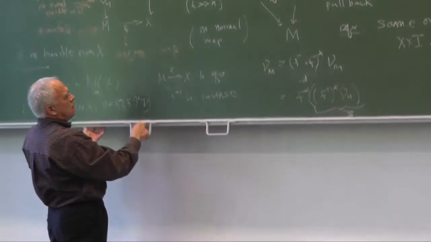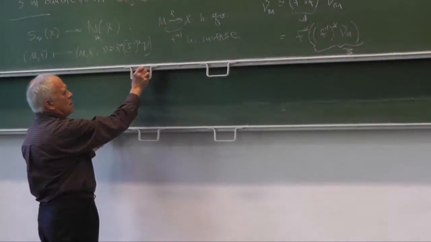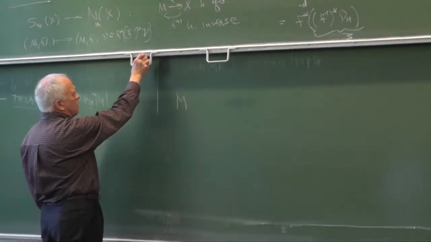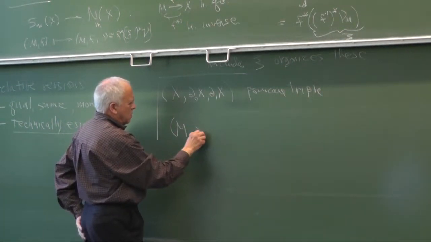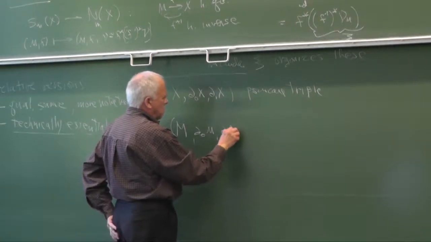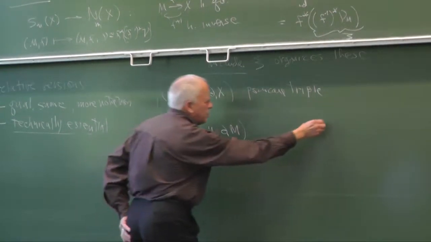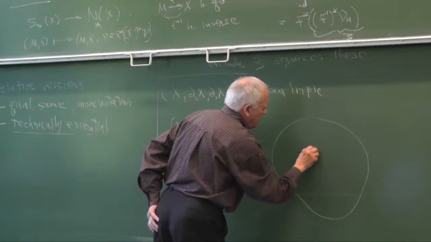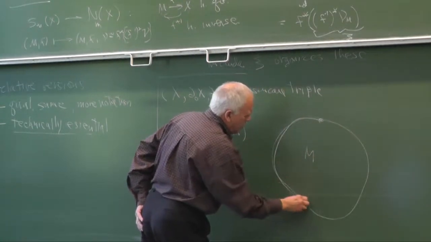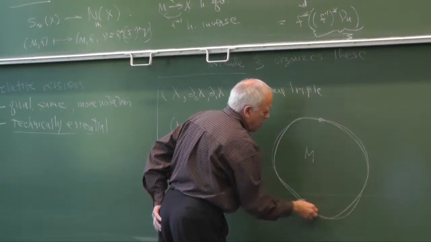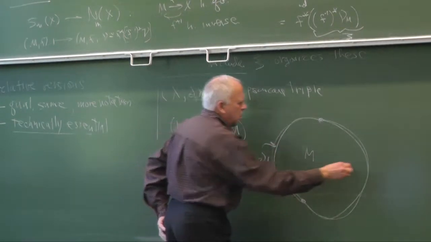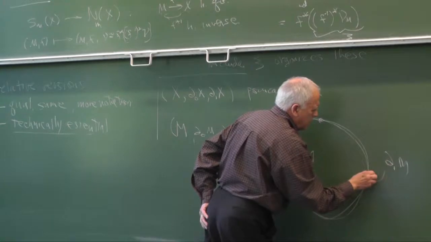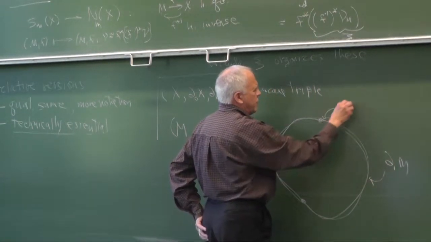Well, that didn't work so well. Okay. So the picture is like this. Here's M, and then the boundary is divided into two pieces. Boundary 0 M here, boundary 1 M here, and then there's an intersection.